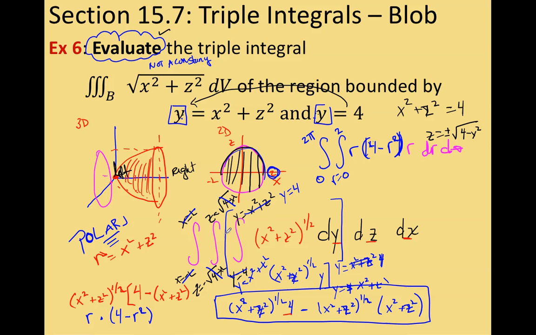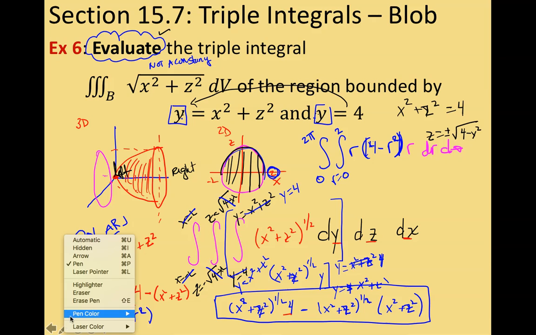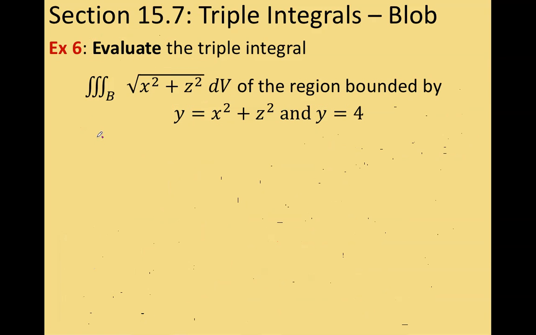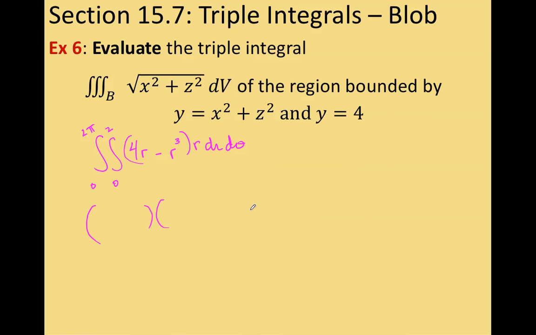I'm going to erase this because this is getting really messy. Multiplying through, I got 4r minus r cubed, r dr d theta. I can break this up now.